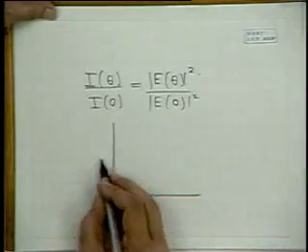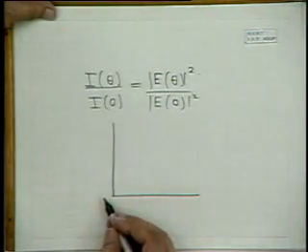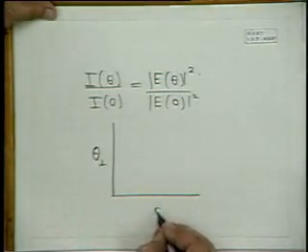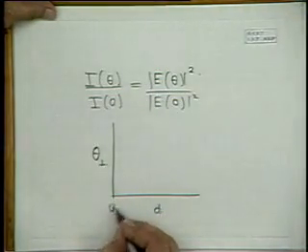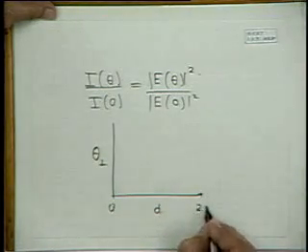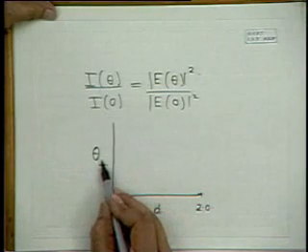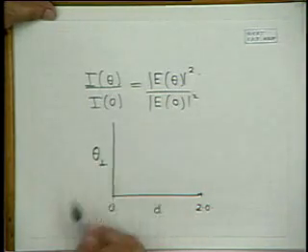It turns out that, for example, if you want to look at theta perpendicular as a function of D, this is the full beam between the half power points.